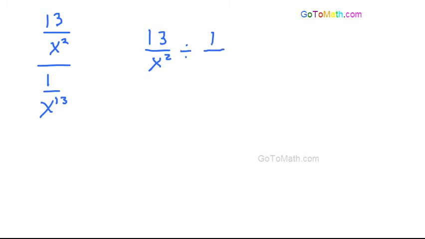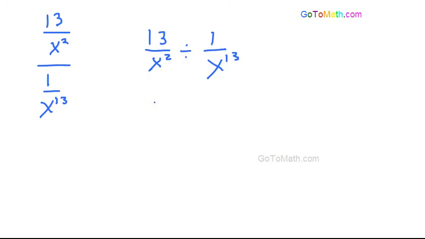Okay, so we got 13 over x squared, and that's all over 1 over x to the 13th. So remember, this is like writing 13 over x squared divided by 1 over x to the 13th.